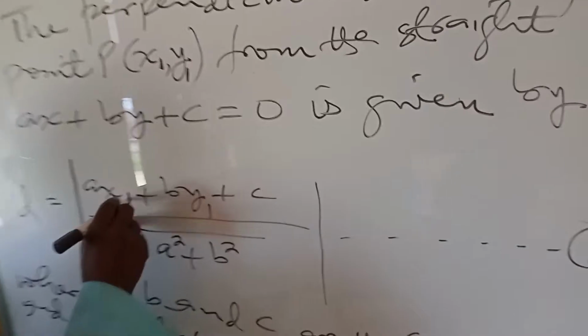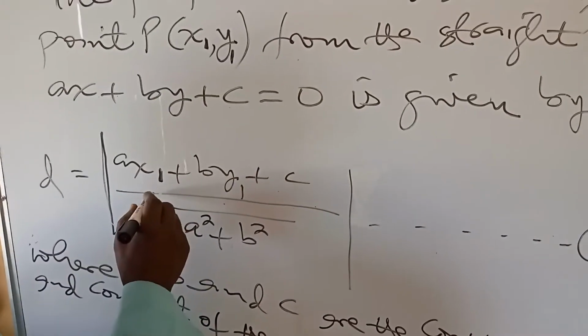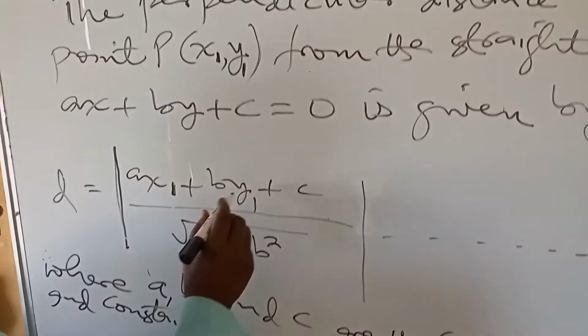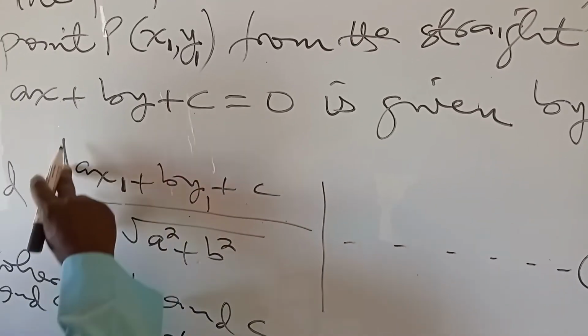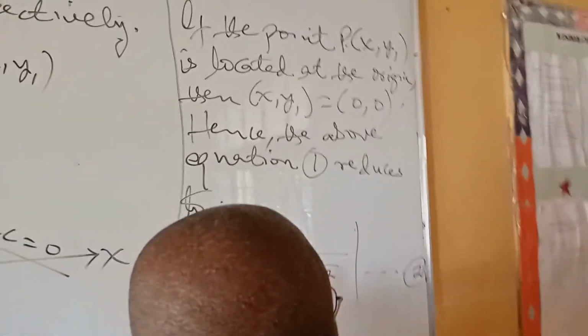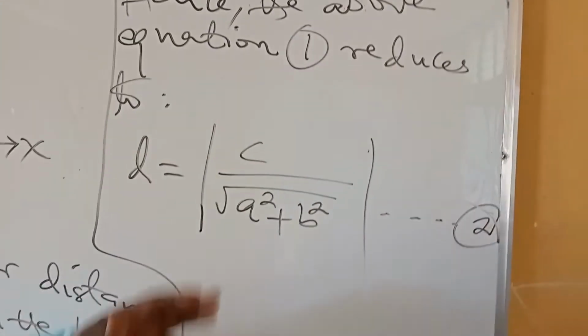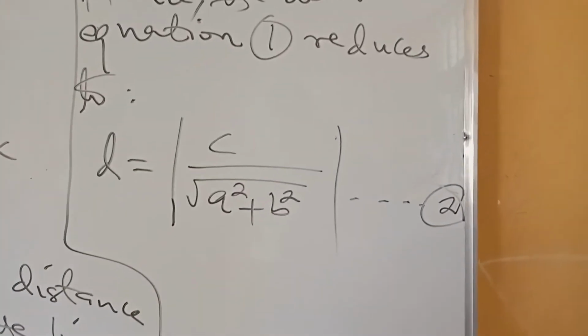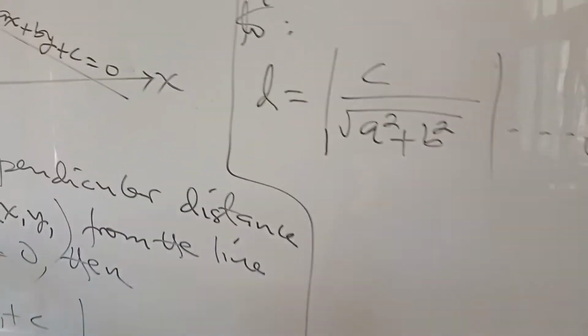If the value of x1 here is 0, a times 0 is 0. If the value of y1 here is 0, b times 0 is 0. So these first two terms disappear, and we are left with c. That is why it reduces to c over the root of a squared plus b squared, where a and b are the coefficients of the variables, that is x and y, in the general equation of the straight line.